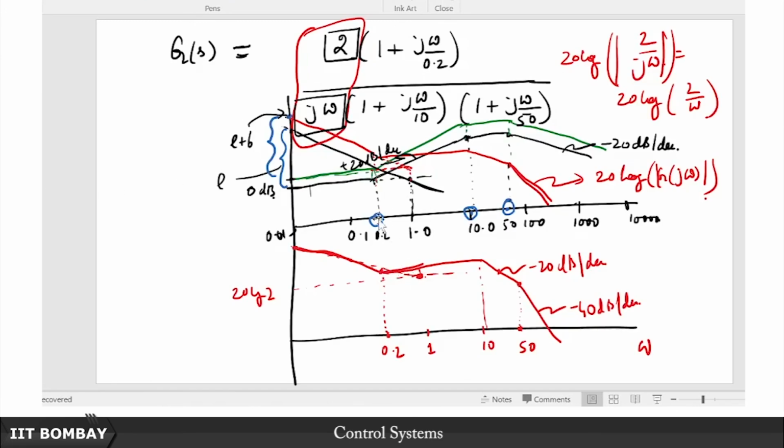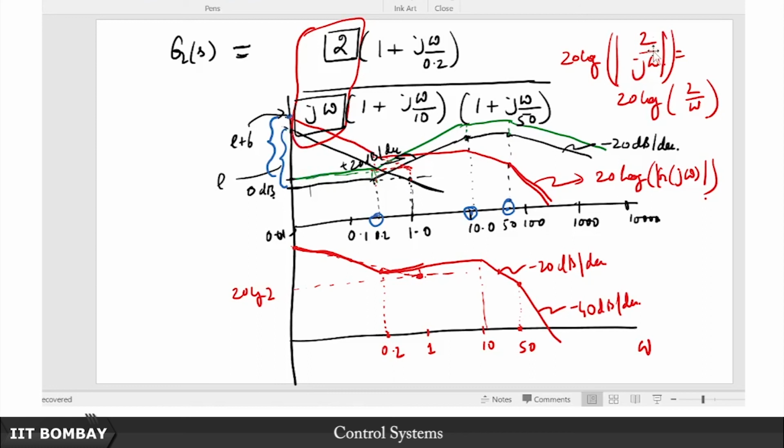So if I had extended this original plot, this integrator starting from here and all the way down till here, you see it would exactly intercept at 6 dB. Why? The reason is pretty obvious. You originally had this 0 dB line here, then because of the factor of 2, you raised it by 6 dB here, and then this integrator also got raised by 6 dB.